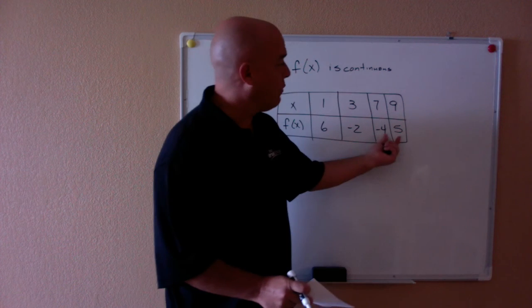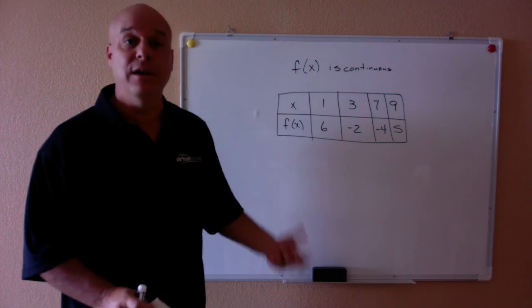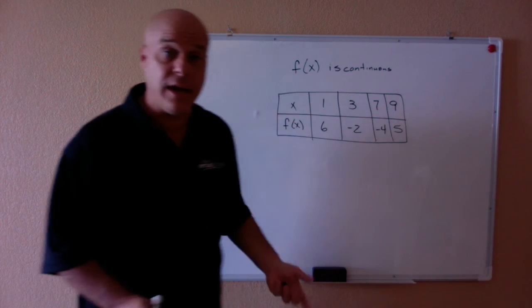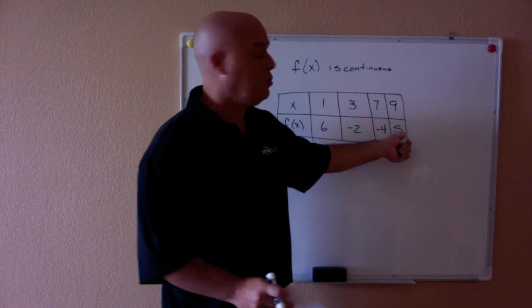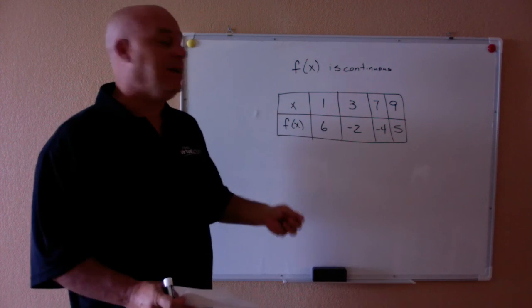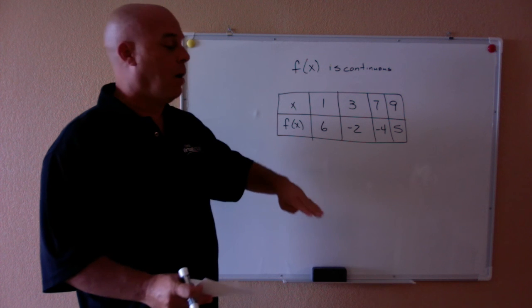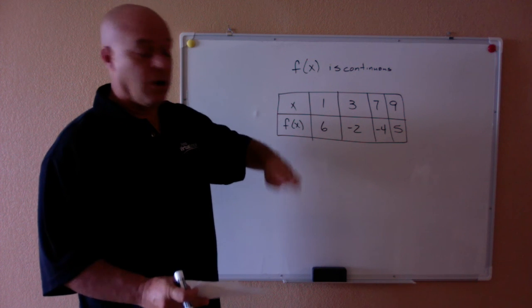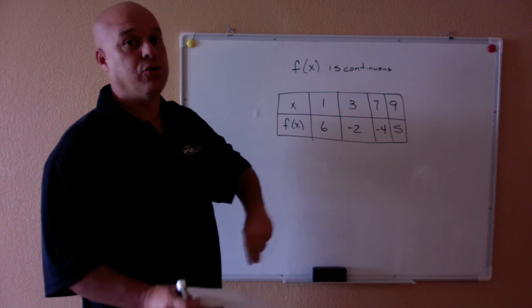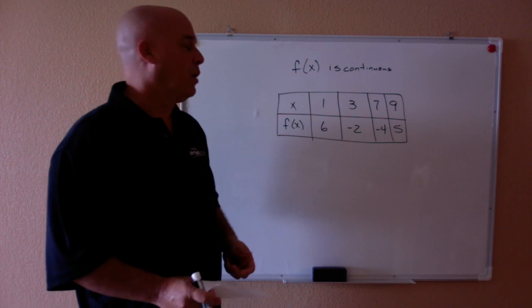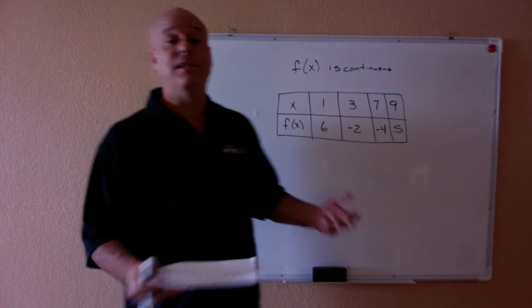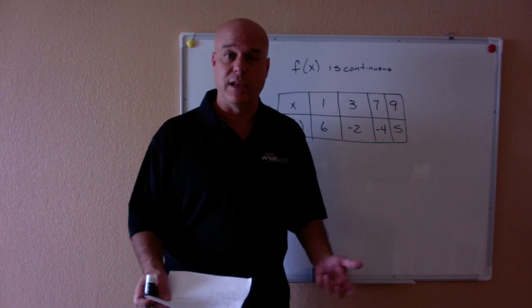I can say that again over here, somewhere between 7 and 9. I went from a negative value to a positive value, that means that I had to have gone through the x-axis. I had to have crossed 0 at some point along the way. That's basically what the intermediate value theorem is telling us.